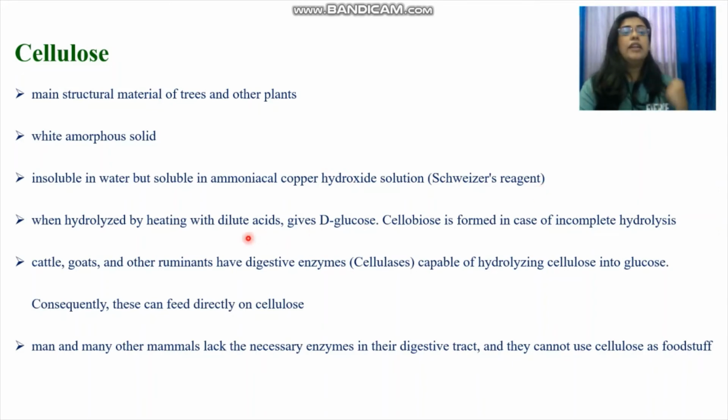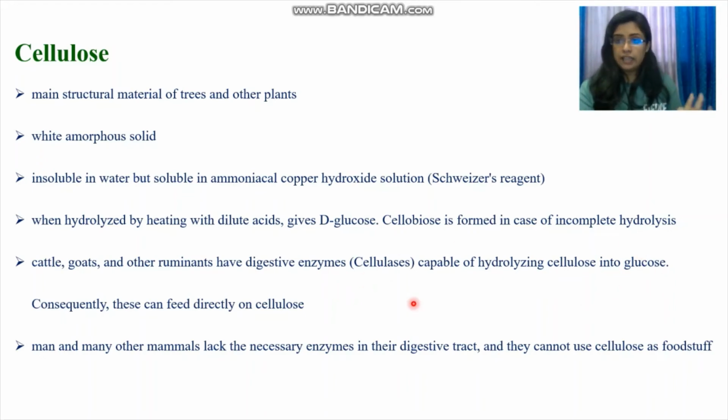Okay. And if you hydrolyze it with dilute acids, this would give rise to glucose. The final product, the complete hydrolysis, will give rise to D-glucose. But if it's an incomplete hydrolysis, then cellobiose is the product that is formed. And cattle, cows, goats and all have digestive enzymes within their body that are capable of hydrolyzing cellulose to glucose.